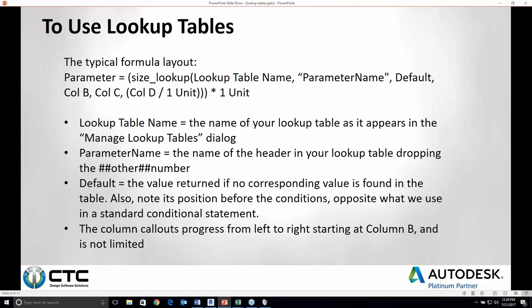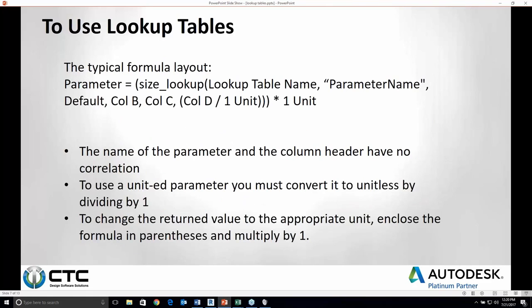You can call out any number of parameters. The name of the parameter and the column header have no correlation. You don't actually need to use a parameter to drive the lookup table. You can just place in a number or any other value.